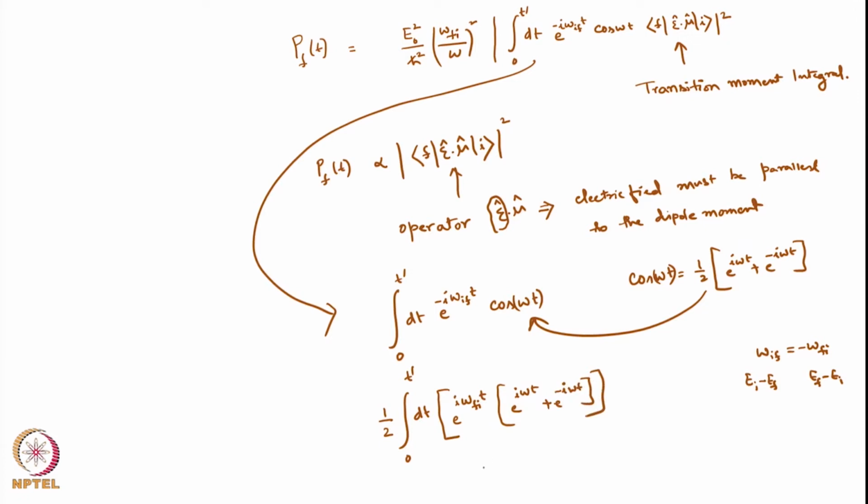So, this will be nothing but half of the integral 0 to t prime dt, and then you will have e to the power of I omega Fi plus omega into t plus e to the power of I omega Fi minus omega into t. So, that is the integral.